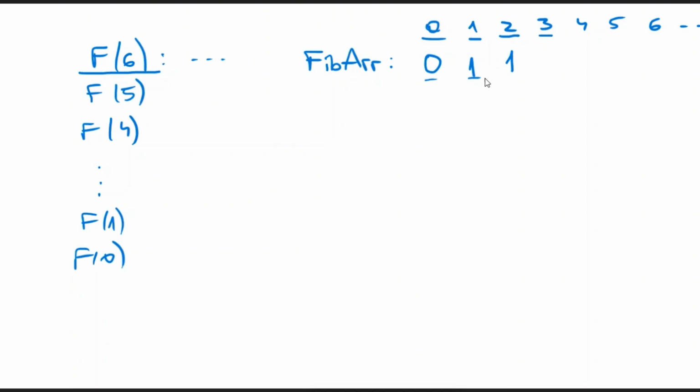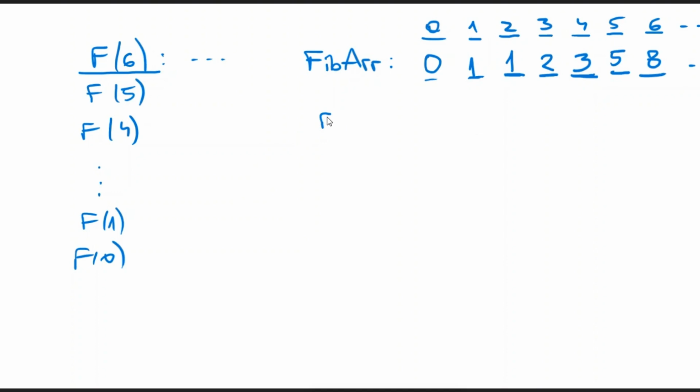Fibonacci array of 3 is first and second, which is 2. Of 4 is the sum of previous two, which is 1 and 2, 3. Fifth element is 2 plus 3, which is 5. Sixth element is 3 plus 5, which is 8, and so on.